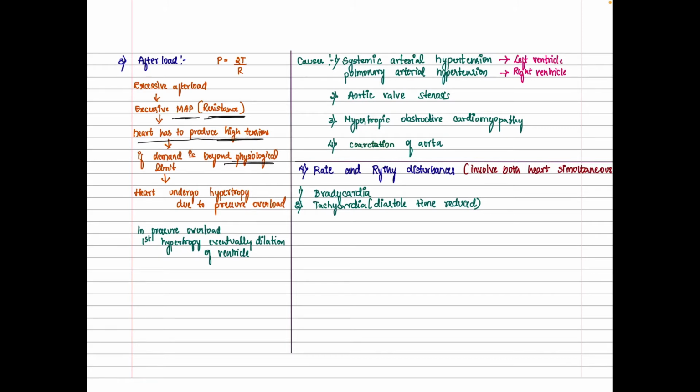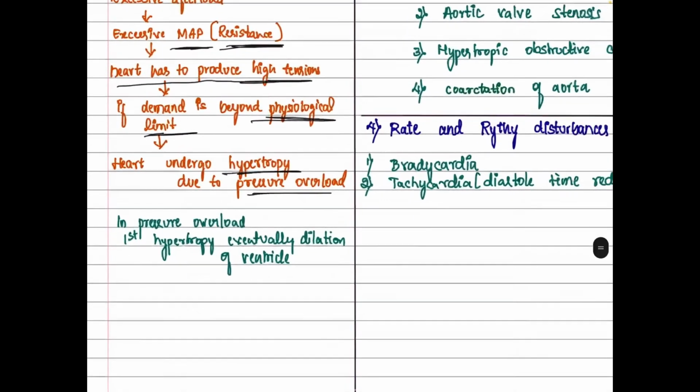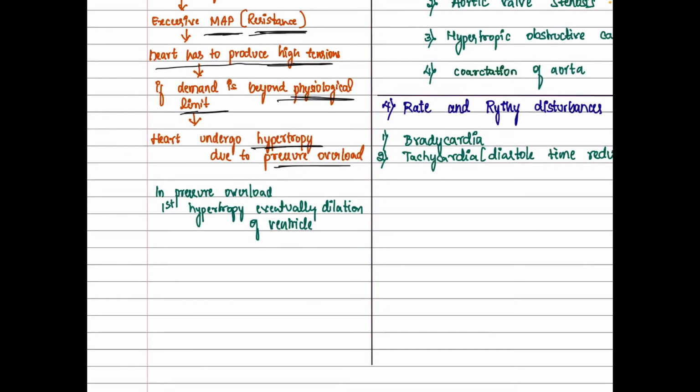If the demand is beyond the physiological limit, this leads to hypertrophy and this leads to pressure overload. In pressure overload, there will be hypertrophy and then after some time there will be dilation of the ventricle. Unlike in volume overload, where there will be hypertrophy and dilation of the ventricles at the same time.